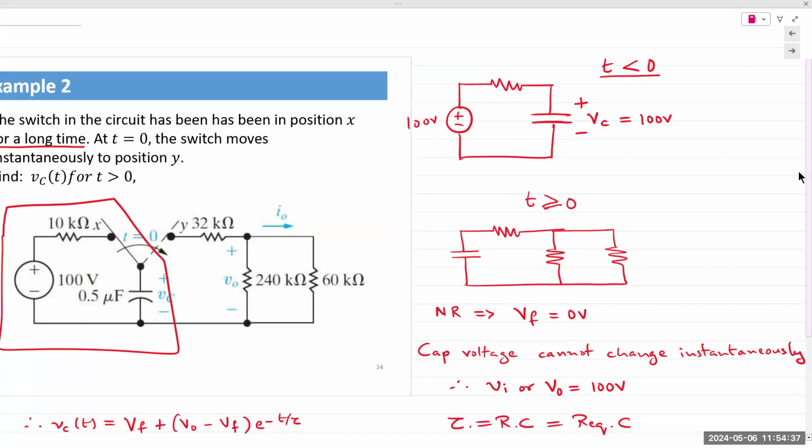When the capacitor first began charging, there will be current flowing through the resistor, and there will be a voltage drop across that resistor. The capacitor voltage would not be 100 volts. It would start rising slowly. Eventually, it'll reach a point where it will reach 100 volts. It doesn't matter that the resistor is connected in series.